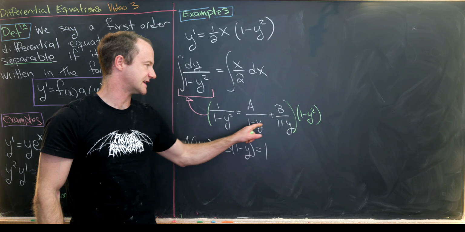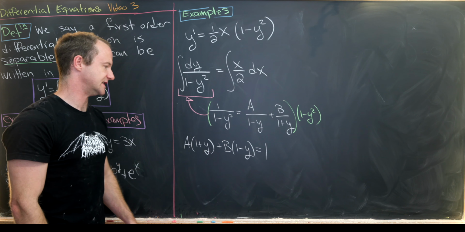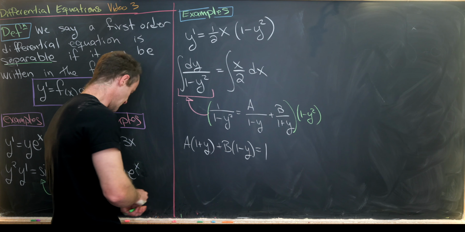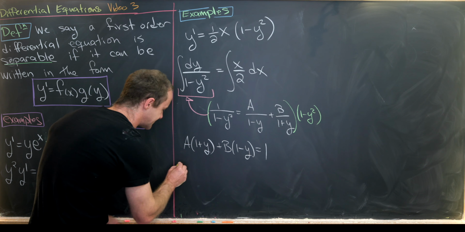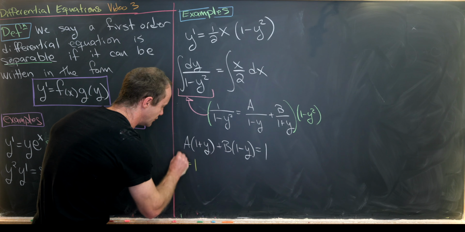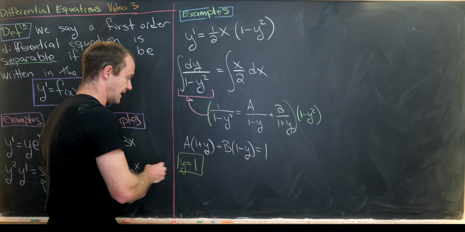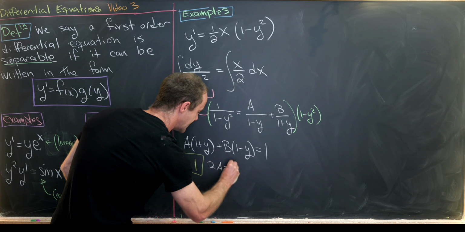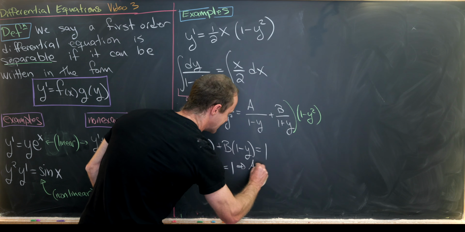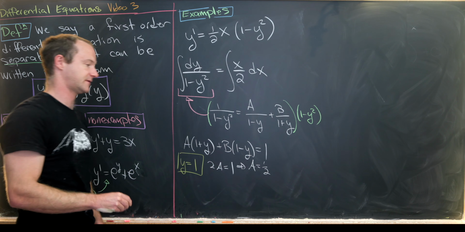And that's because of the cancellation that gets done when you multiply into each of these. Okay, so now from here, let's notice that if we set y equal to the number 1, this bit cancels, and we're left with 2 times a equals 1, which means that a is equal to 1/2.